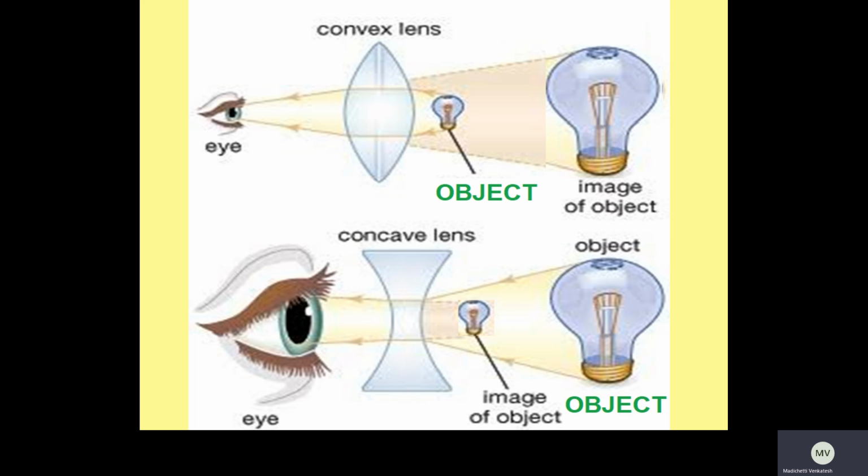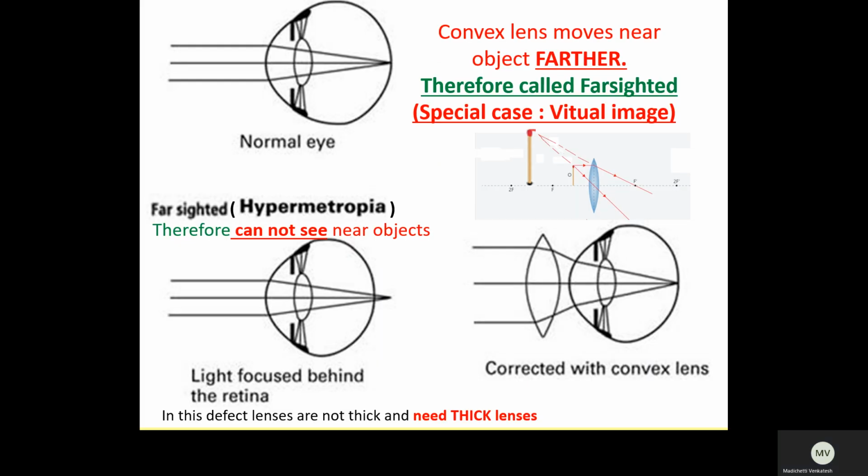Then come to the point of application of the lenses. How a convex lens moves a near object farther: because the object is closer here, this object has to be moved farther in order to see it properly. But that is the problem with hypermetropia.